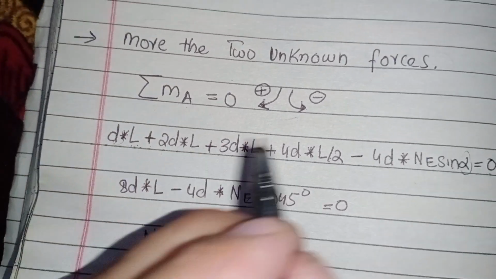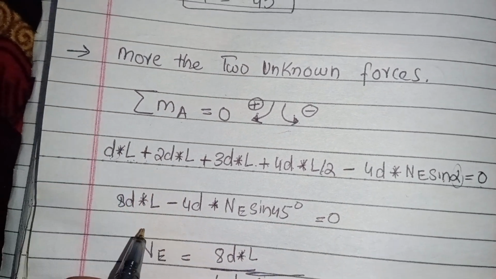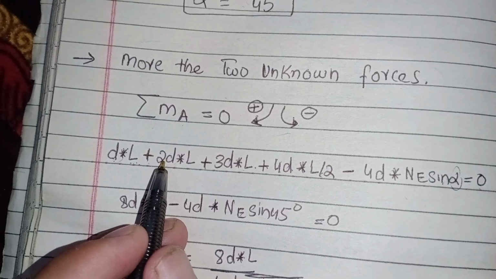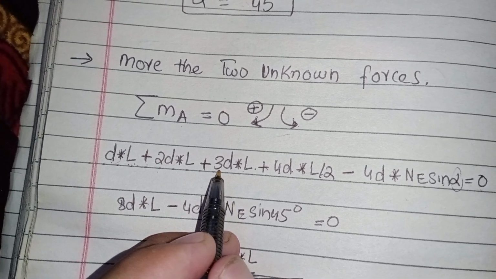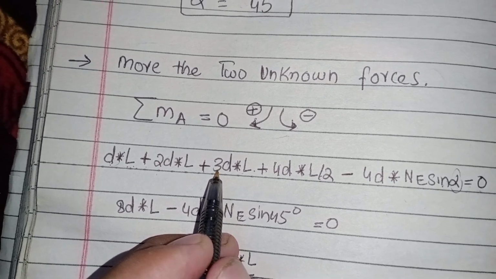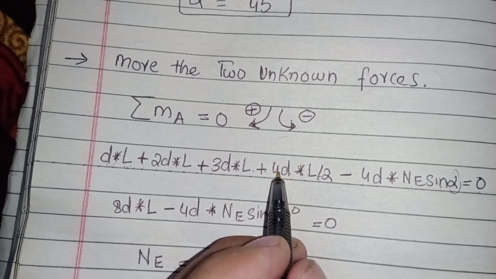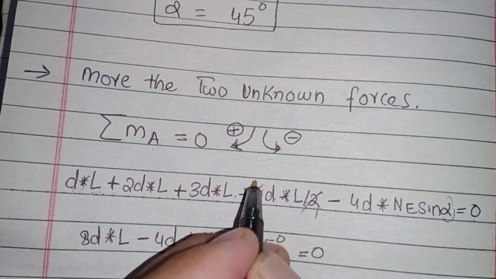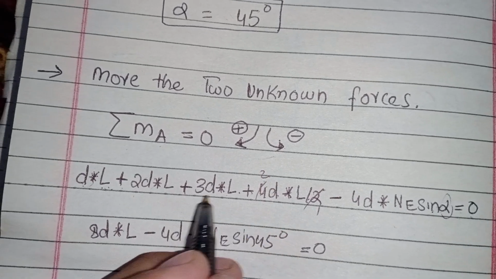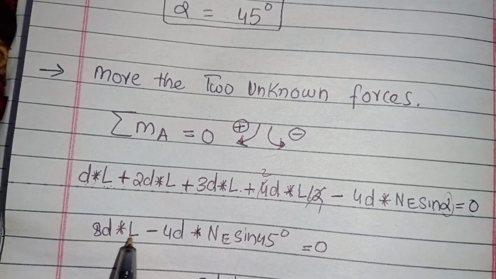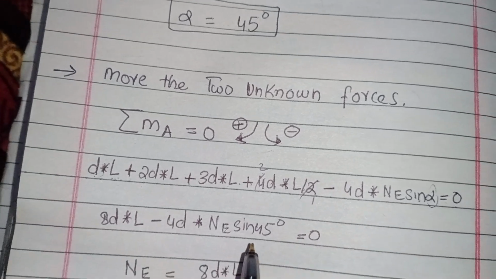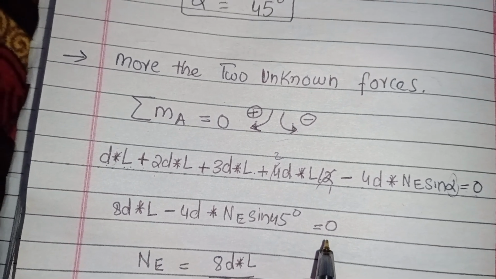If you calculate all this, it becomes D plus 2D, 3D plus 3D, 4D plus 2D. 2 ones are 2, 2 twos are 4, plus 2 is 6, plus 2 is 8D into L, minus 4D NE sine 45 equal to 0.